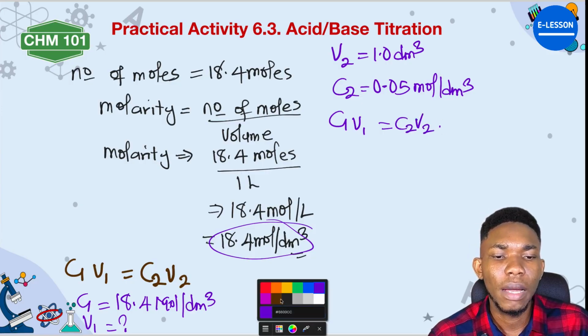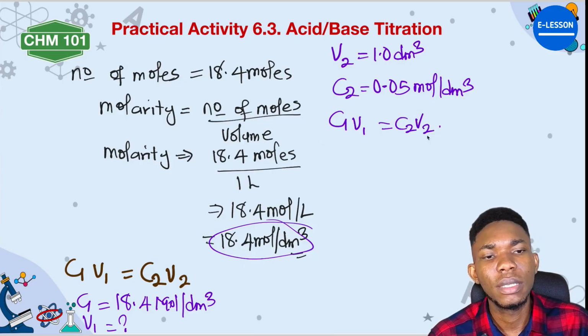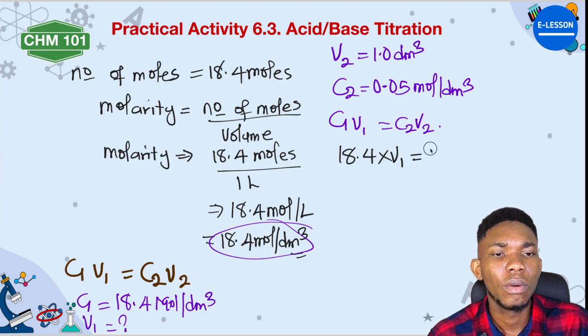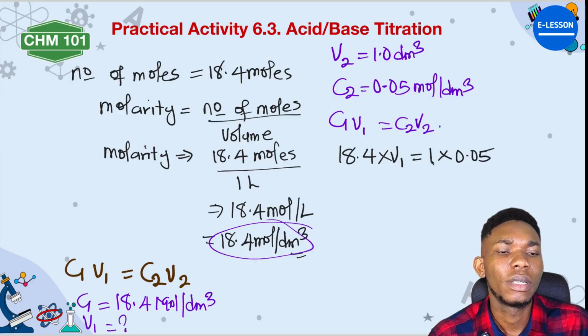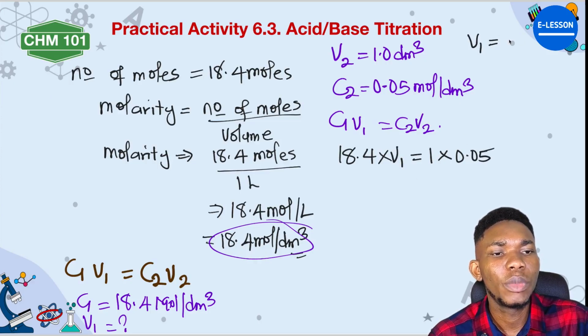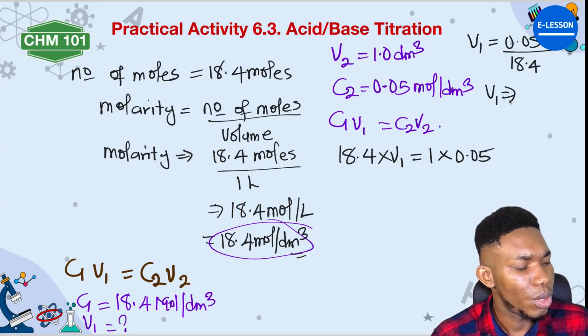Now, calculating using this formula, our C1 is 18.4. V1 is unknown. C2 is 1, V2 is 0.05. At the end of the day, our V1 will be equal to what? 1 times 0.05 will give us 0.05, all divided by 18.4.